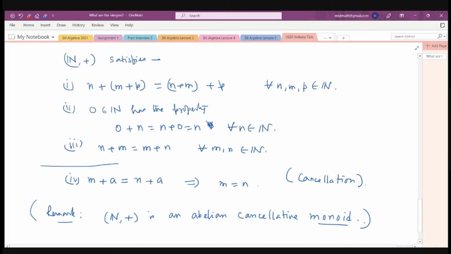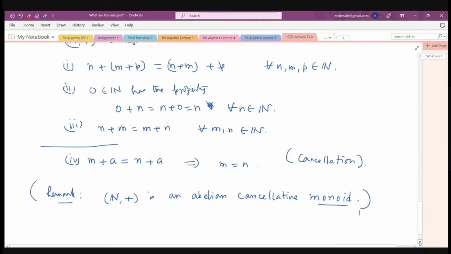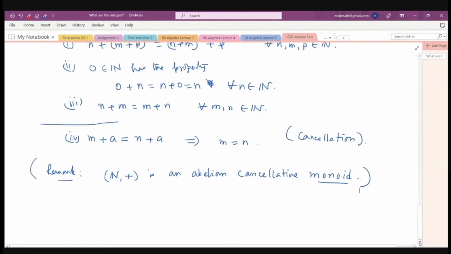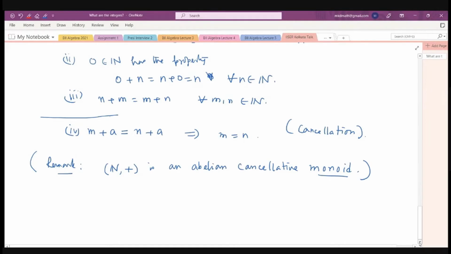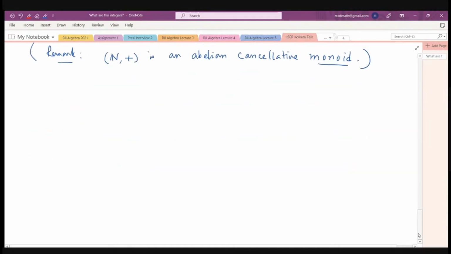Are you familiar with this term, monoid? You don't know, right? Okay. If time permits, I'll come back and tell you what a monoid is and the generalization. For the time being, forget about this remark.